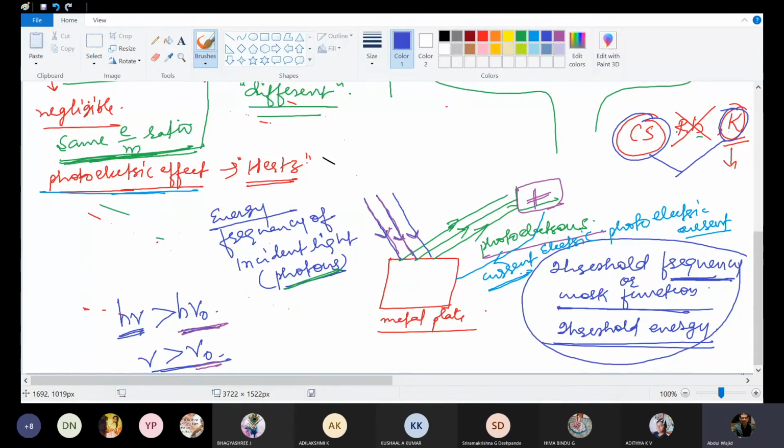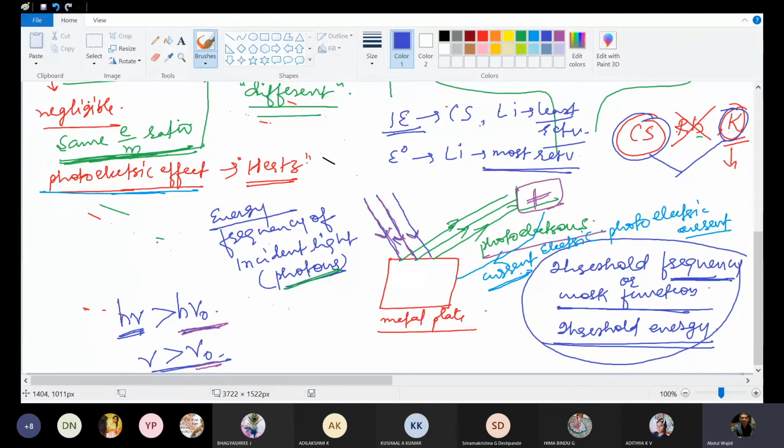If you talk about the reactivity of the metal on the basis of ionization energy, which is most reactive? Cesium is most reactive and lithium is least reactive. And if we talk about reactivity on the basis of electrode potential, then lithium will be the most reactive. So see, two contradictory answers.